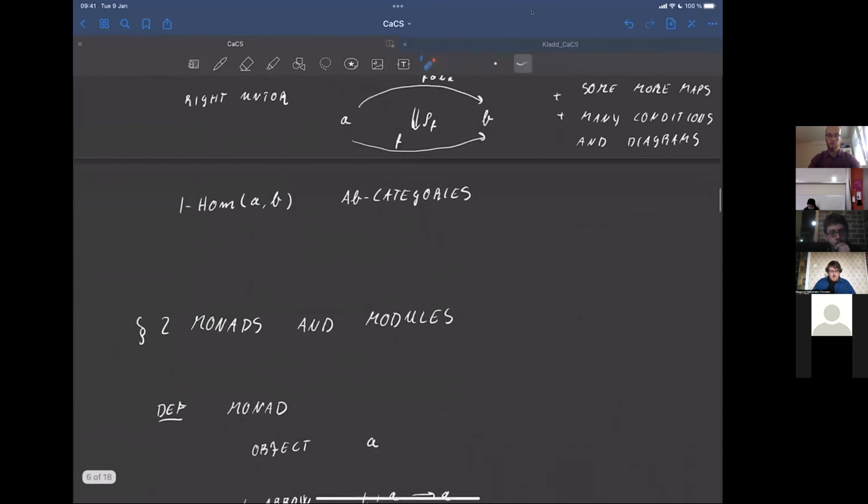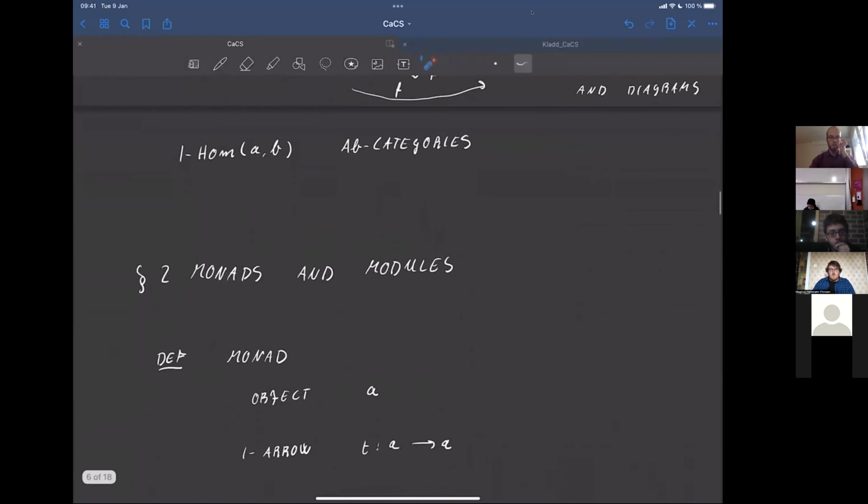So let's go to monads and modules of monads.